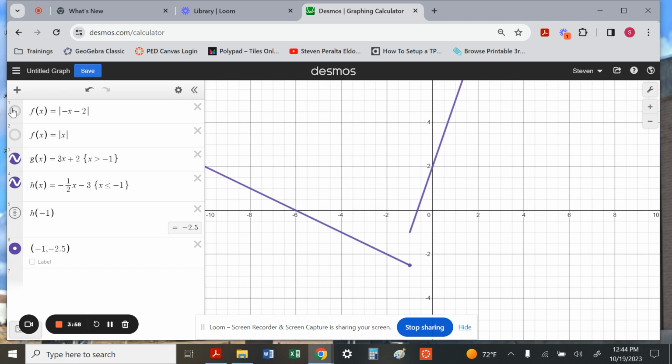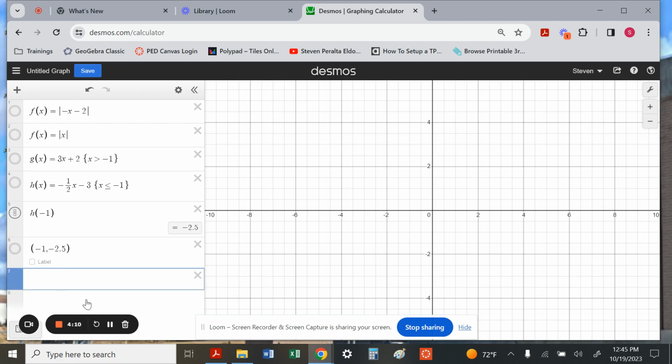When I turn on these different things here, it creates the functions that I did. You can actually turn off your functions. Instead of deleting these things, a lot of you like to delete things, I would just keep them and keep going down. That way, if you have to go back and reference anything you had before, you are able to do that. So for now, I'm going to stop here for example 1, and we're going to continue on with the rest of the examples.